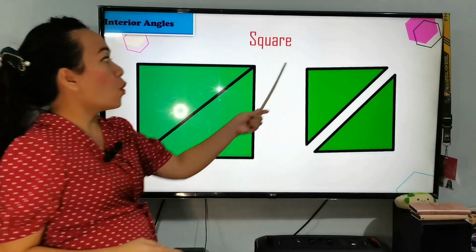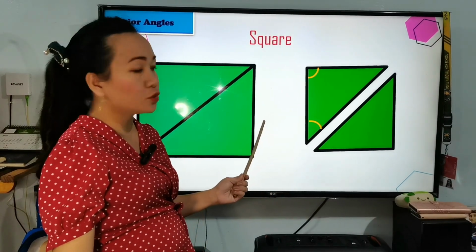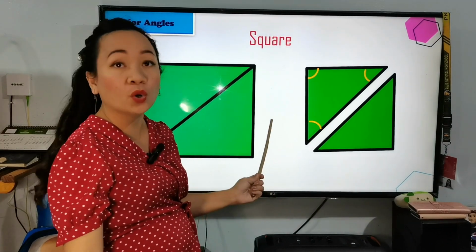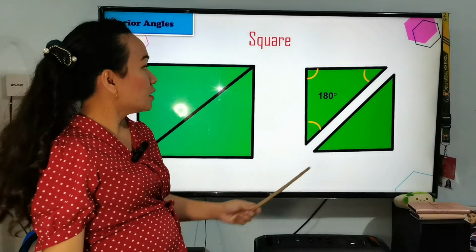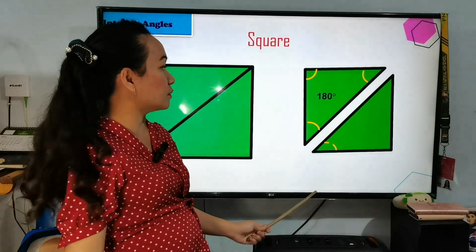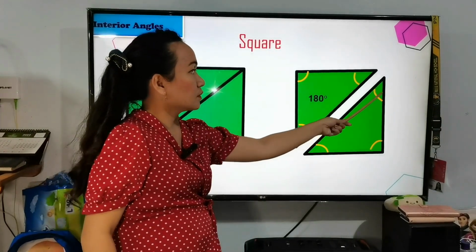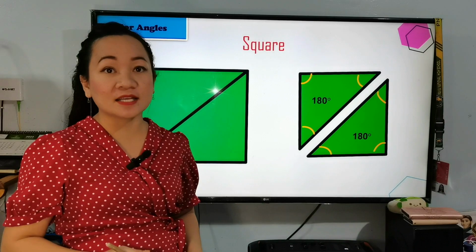So again, to get the measure of the interior angles of one triangle, that is always equal to 180 degrees. How about the second triangle? Getting the sum of its interior angles, we also have 180 degrees.